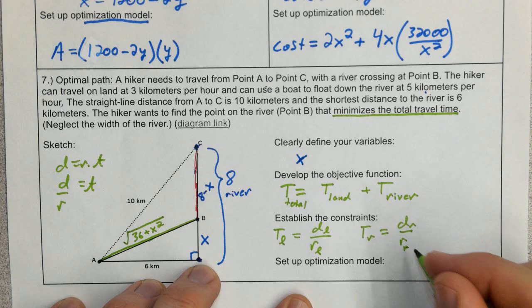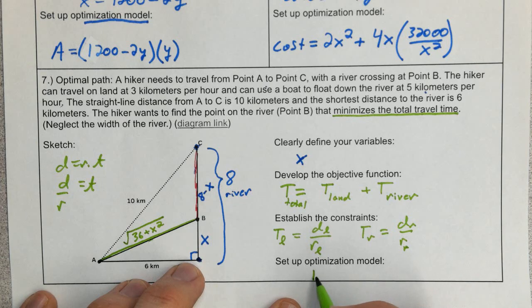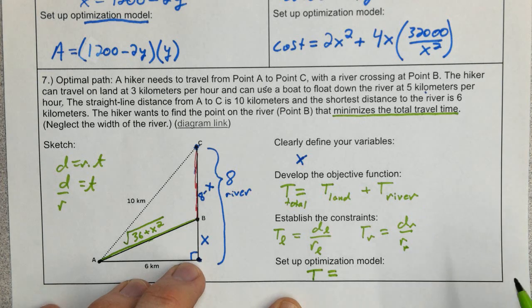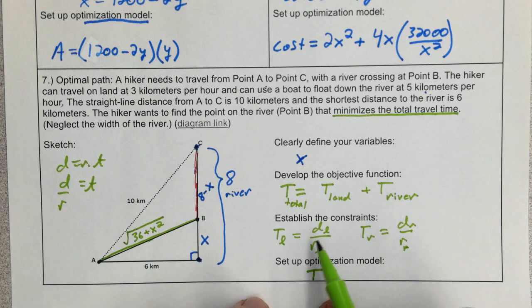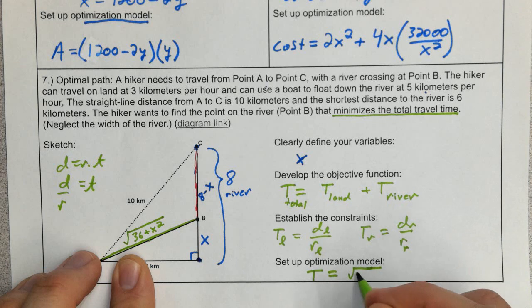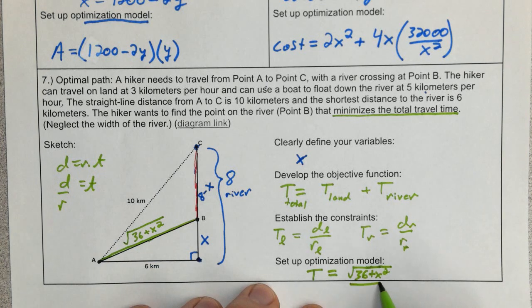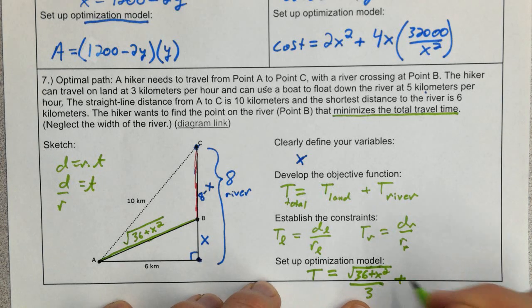And we have both of those things, okay? So our optimization model is total time, which we'll just call capital T, is going to be the distance on the land, which is the square root of 36 plus x squared, divided by the rate on the land, which we're told is 3, plus the distance on the river, which is 8 minus x, divided by the rate on the river, which is 5.